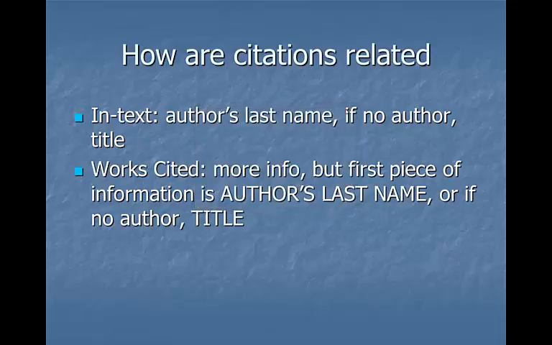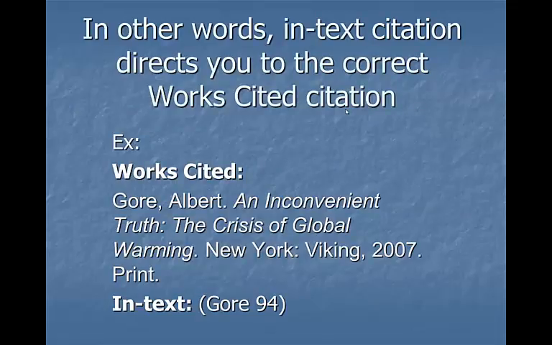Or if there's no author, the very first piece of information is the title. Okay, so think about that. The in-text citation directs you to the correct Works Cited page citation. The in-text citation is going to be the very first piece of information found in the Works Cited citation.